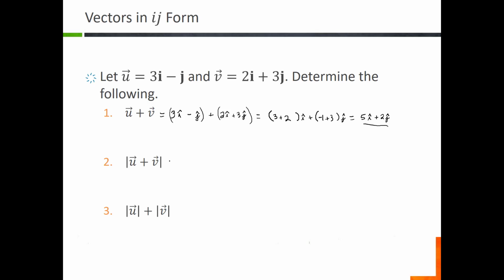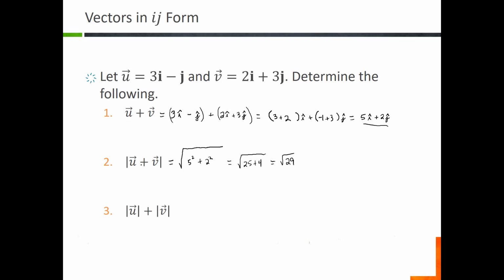So if you remember, magnitude is the square root of a squared plus b squared. So we're going to have the square root of 5 squared plus 2 squared, and that's going to be the square root of 25 plus 4, or the square root of 29. Okay, and that's as simplified as we can get it.